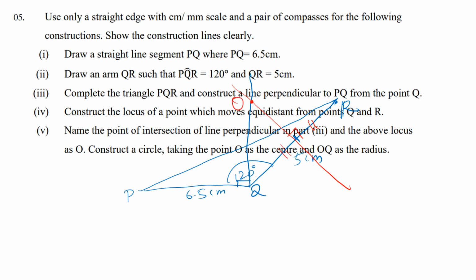And construct a circle taking the point O as the center and OQ as the radius, right? So this is the point, and I think my circle is going to be something like this. Actually this is not perfect. Let me show you something like this.